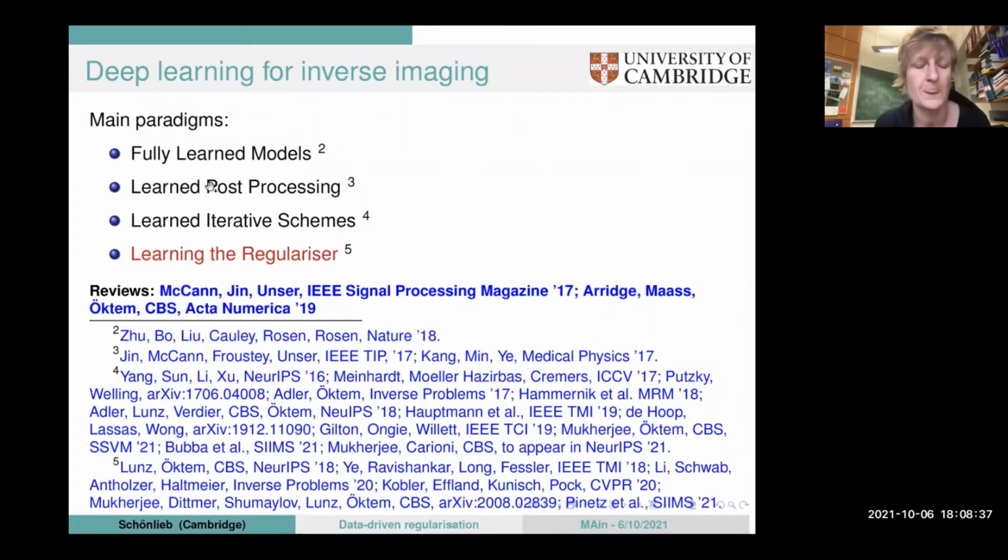The other one is learned post-processing, where you get rid of one property of, in particular, this tomographic or indirect imaging, where your data lives in a very different space to where your reconstruction lives. In particular, if you think about the Radon transform, or the Fourier transform, that appears a lot in these inverse imaging problems, these are global transformations.